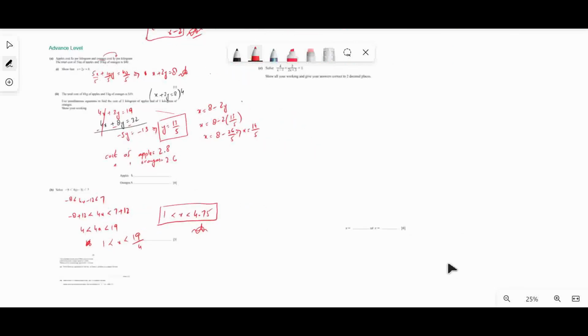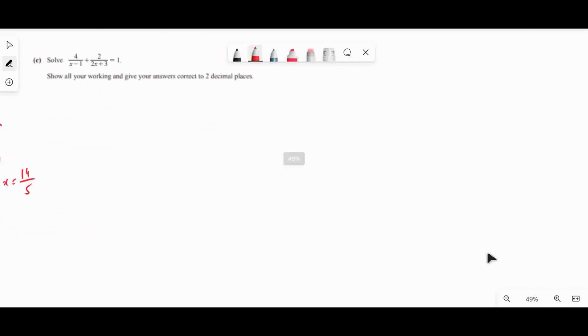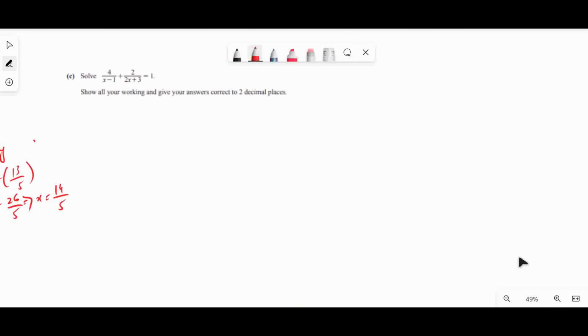Let's move to the next one, this one. Now here we need to solve this one and show your working. So we can write it as 4 into 2x plus 3 plus 2 into x minus 1. Now we can shift it to the other side.